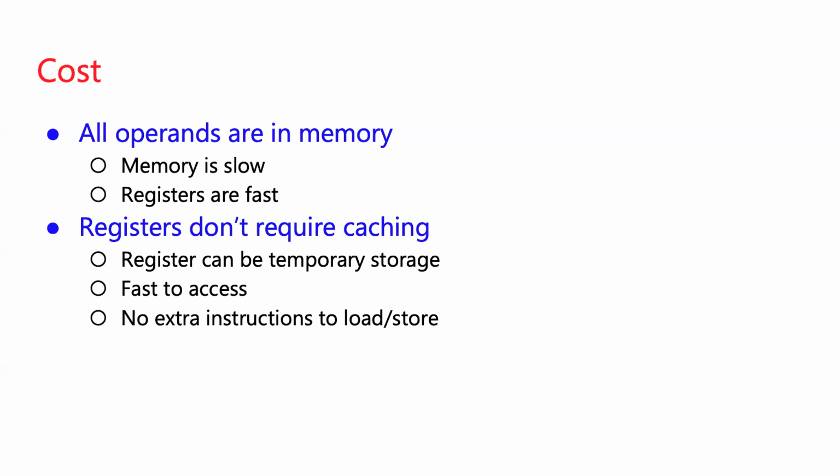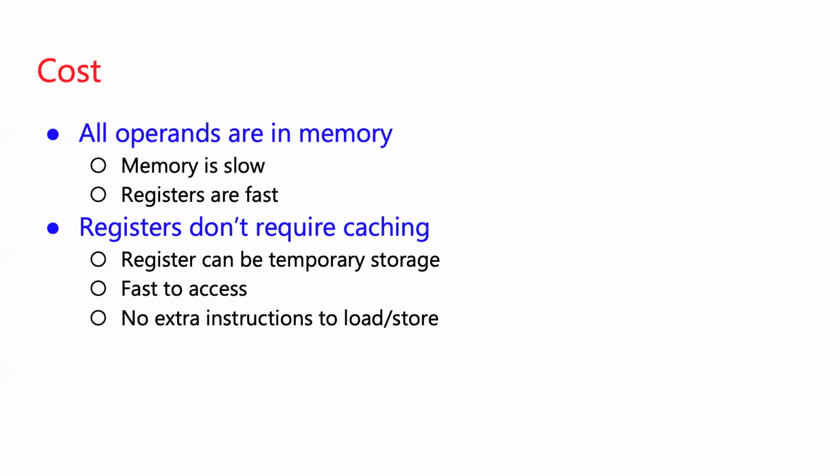Thinking about different ways we can get the operands for an instruction. If all operands had to be stored in memory, that's going to be slow. Accessing main memory is slower compared to accessing registers. Getting something out of a register can be much faster.